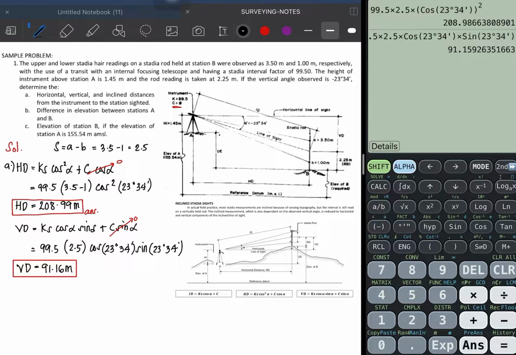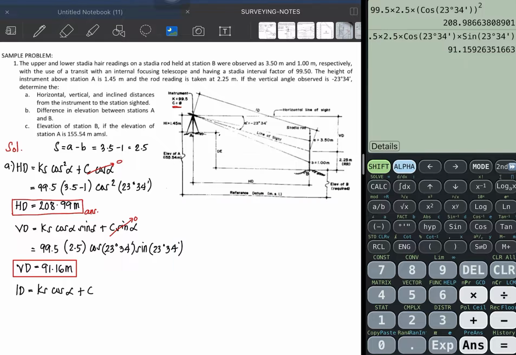And then you have the inclined distance. For the inclined distance, you have the formula Ks cosine of alpha plus C. Okay? So where your C is equal to 0. So therefore, you have your K, that is 99.5 times 2.5, that is S, times cosine of 23 degrees 34 minutes.